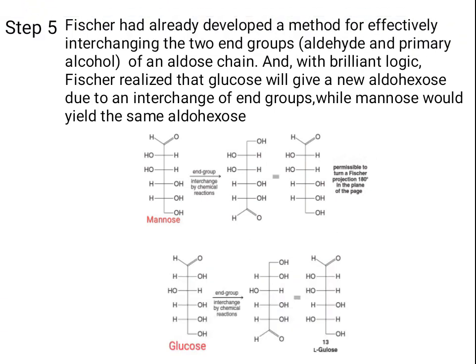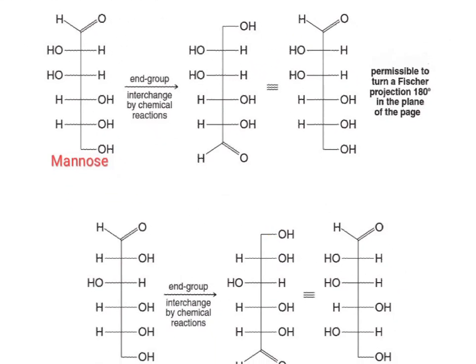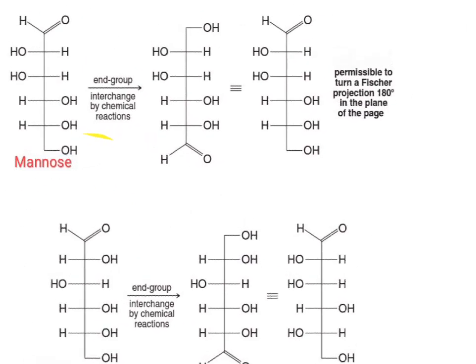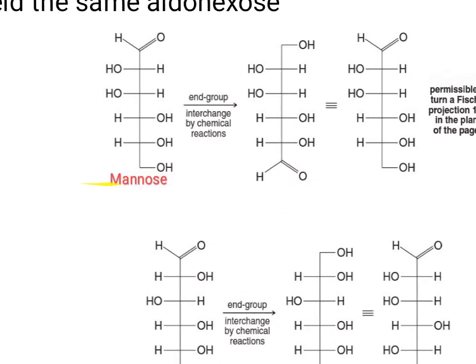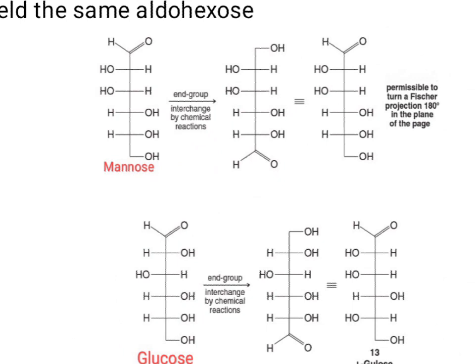So let me just zoom in. This is your mannose, because if you interconvert this CH2OH and this CHO group, you will get the same structure, that means the same molecule.